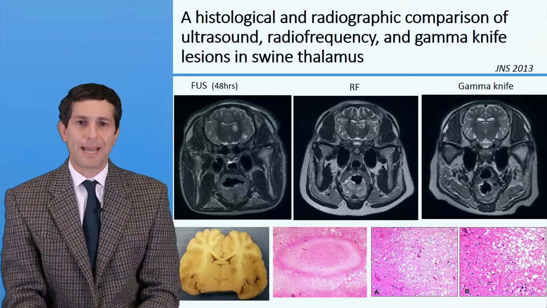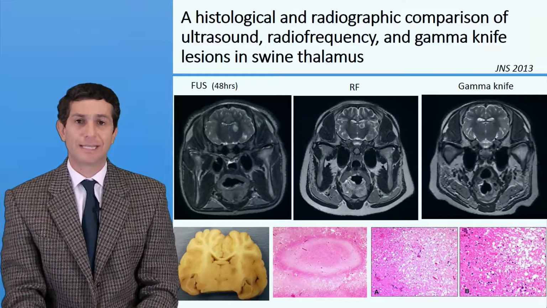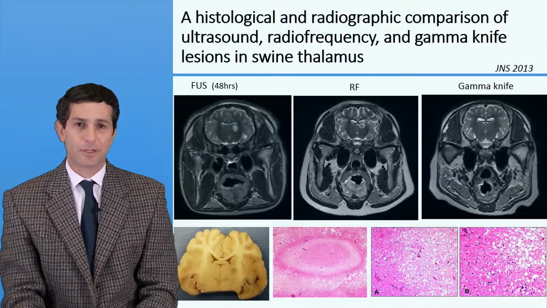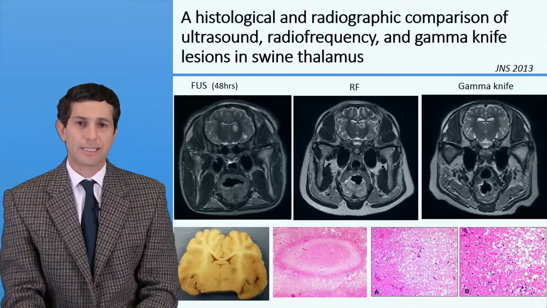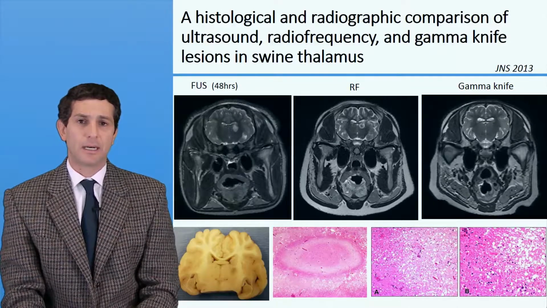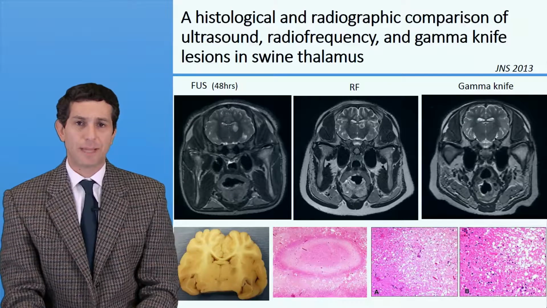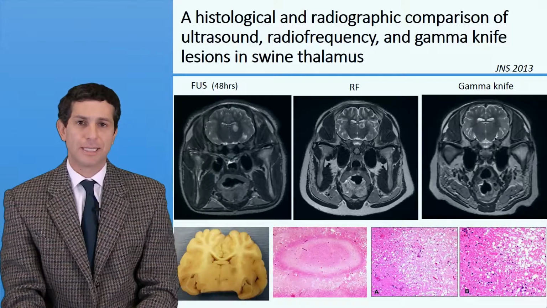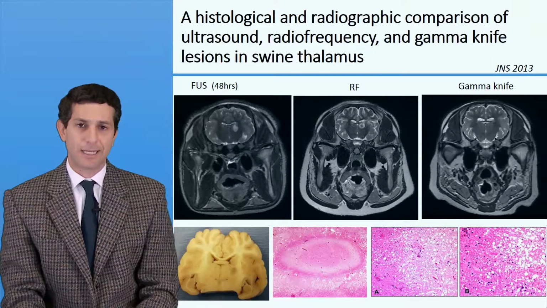And we also went back to the laboratory to try to characterize the histologic behavior of the lesions. And here you can see thalamotomy lesions being made with different modalities: focused ultrasound, radiofrequency, and ionizing radiation or stereotactic radiosurgery.